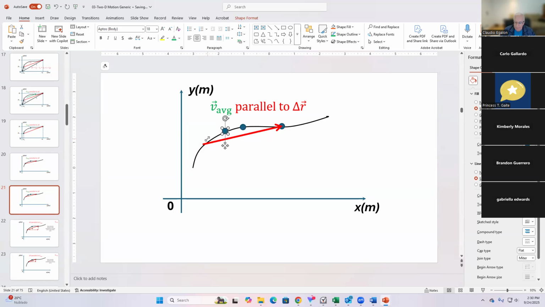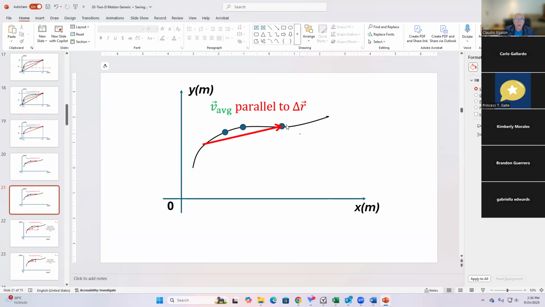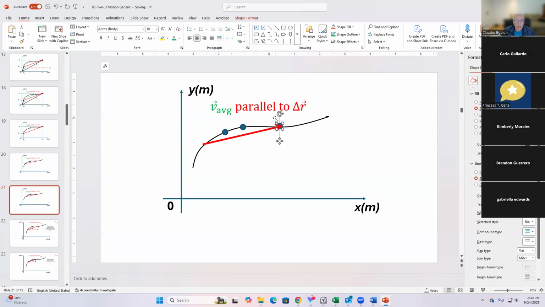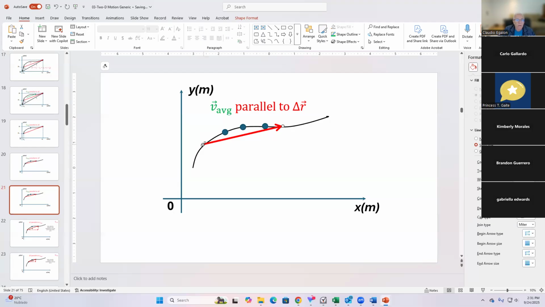Okay. And then as we exercise this procedure, right? What do we end up discovering? We end up discovering as those two points come closer and closer to this other point where I want to calculate my instantaneous velocity, I notice one important thing.